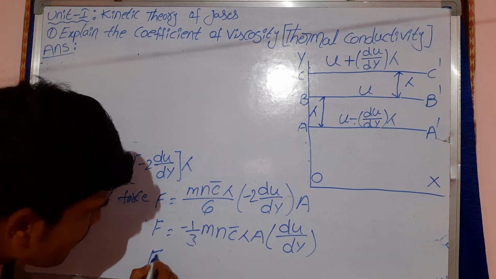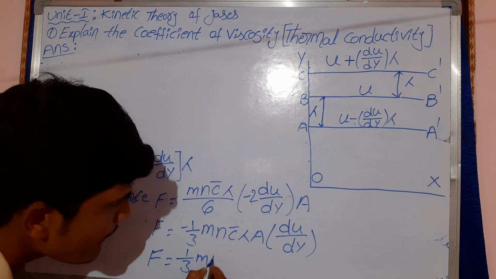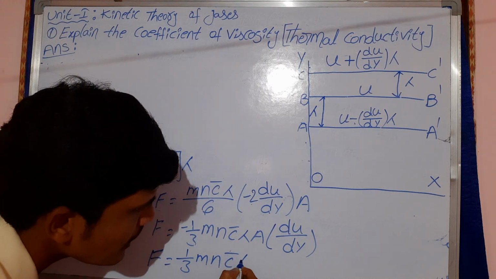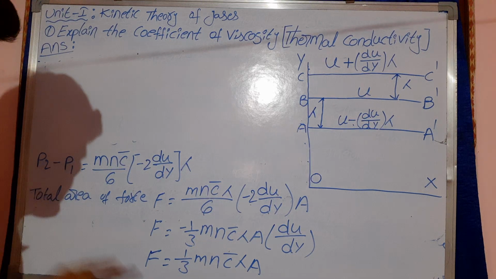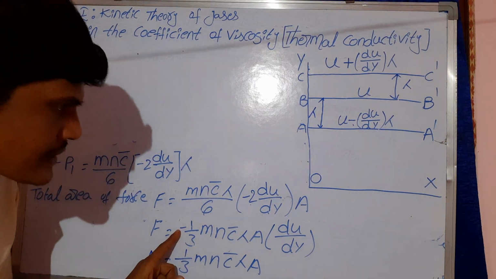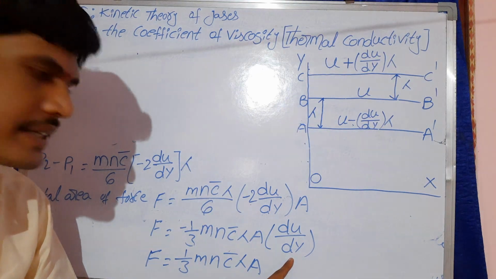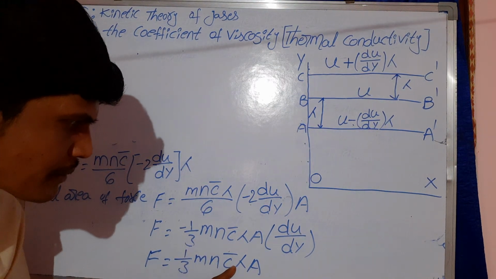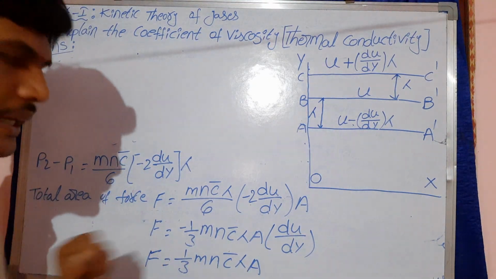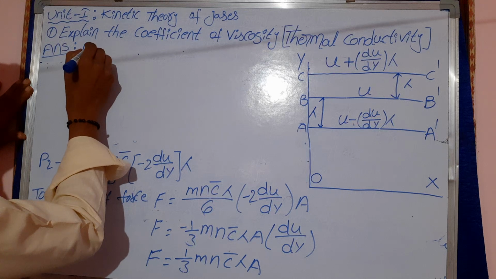Next, F equals 1 by 3 m n c bar lambda A, so minus and du by dy is negligible. So next, 1 by 3 m n c bar lambda into A. Next one, from equation 1.